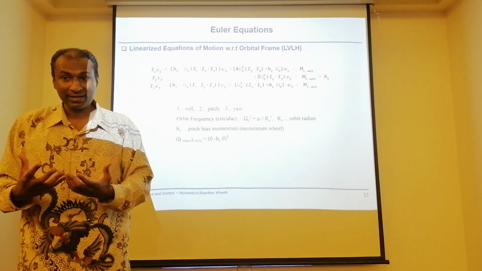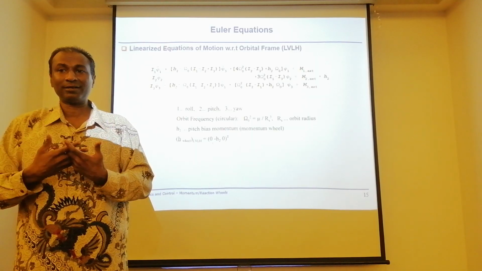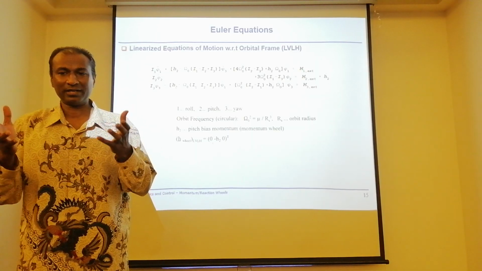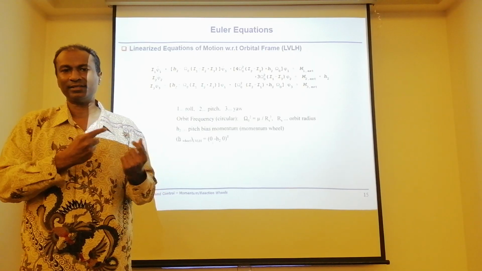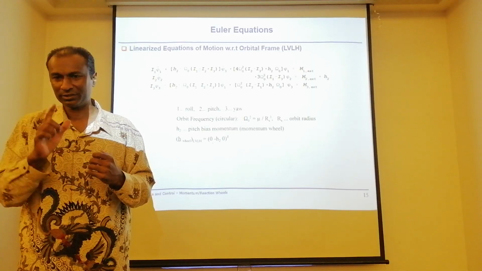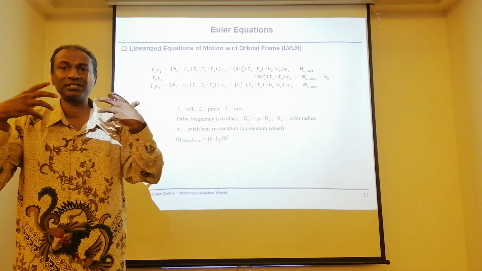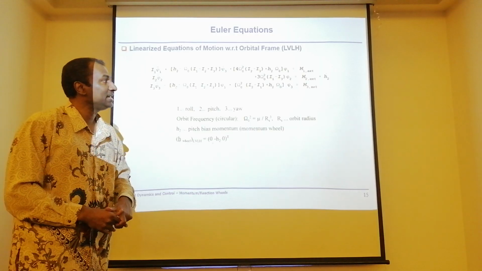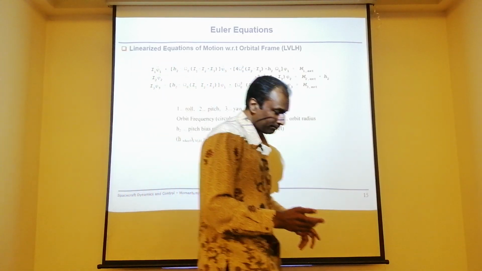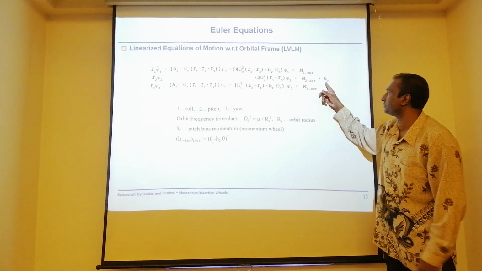We have been using that, and we have also treated this Euler equation when we were designing the magnetorquer control. Now we can use the same Euler equation that we have developed to incorporate another term, which is the angular momentum term. This one.